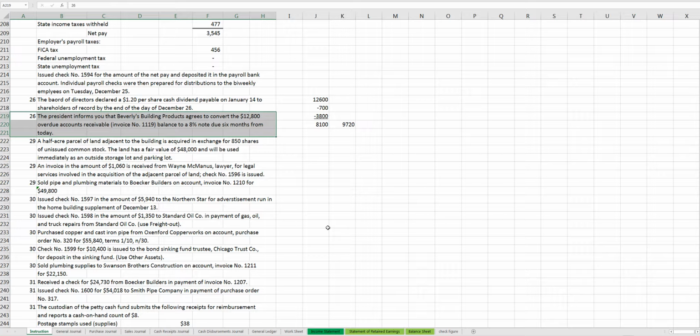So we're going to start charging interest. Again, this is not a cash transaction, so it will be recorded in the general journal.